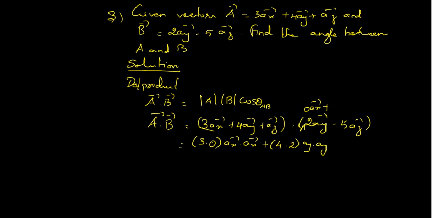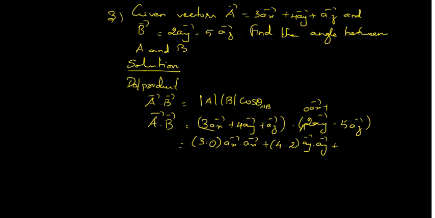Only ax into ax, ay into ay, which gives the value of 1, so that's why I have mentioned them here. The remaining terms will become 0. Then for az also, for 4 into these, ay and ay, I haven't considered 4 into 0 and also 4 into 5, because that value becomes 0.